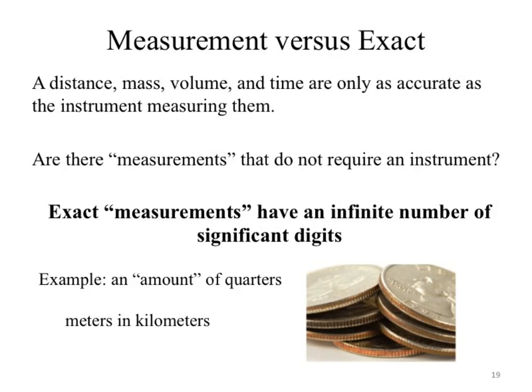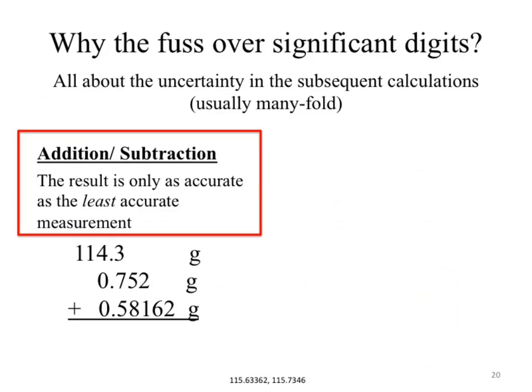Okay, so now the question becomes: why do we even have to worry about this? Let's take a look at some mathematical manipulations that we could do with this. If we look at this problem, we're going to add up 3 numbers to get an answer. Once we have that answer, our calculator spits back a bunch of digits to us. Of those digits, only some of them are significant.